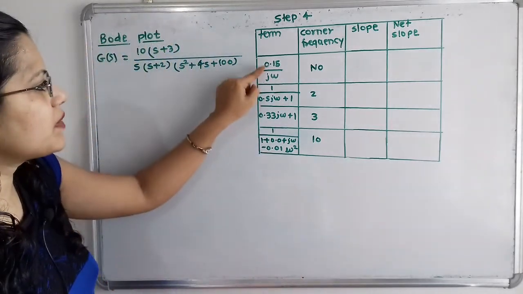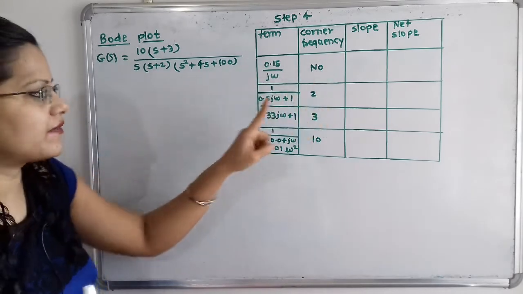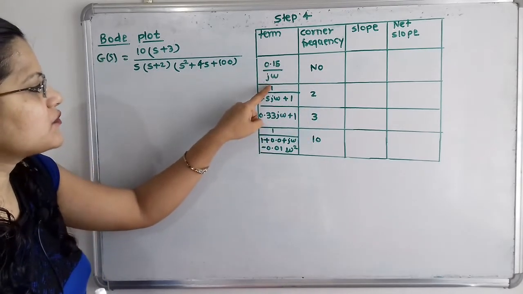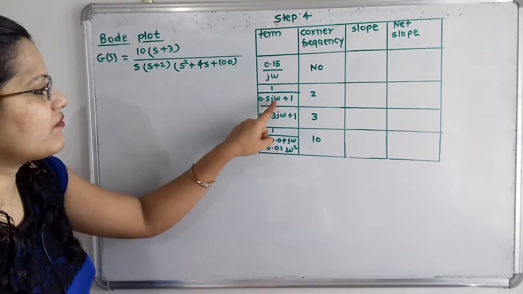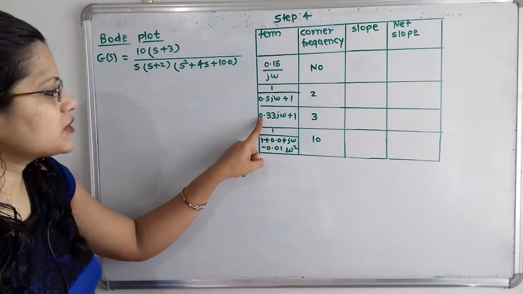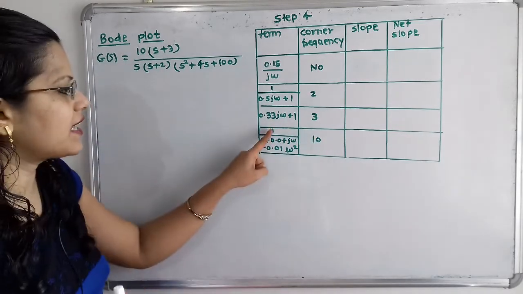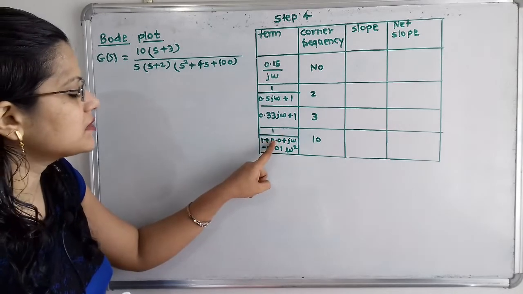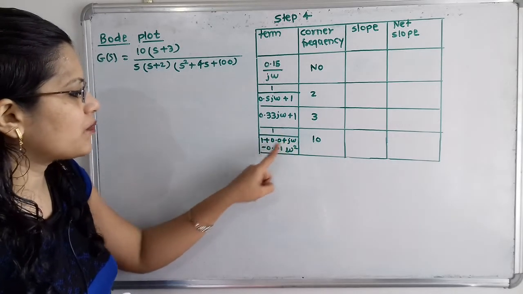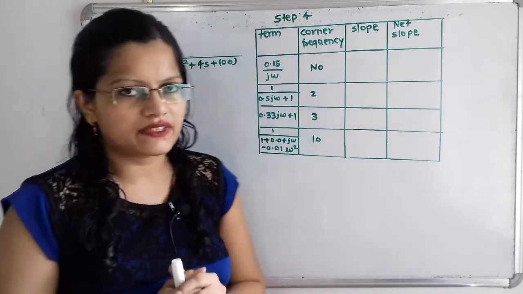The first term is 0.15 by j omega, which has no corner frequency. The second term is 1 divided by 0.5 j omega plus 1, corner frequency 2. The third term is 0.33 j omega plus 1, with corner frequency 3. And the last term is 1 divided by 1 plus 0.04 j omega minus 0.01 omega square, which has corner frequency 10.